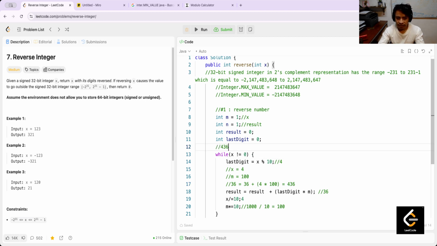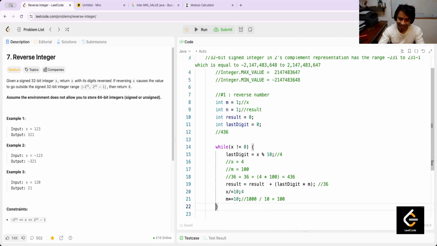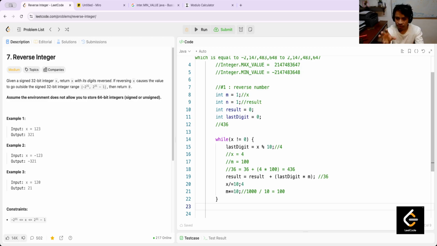If I traverse again this number with exactly the same algorithm, with this while and so on, now instead of starting m with 1, now it starts with 100. In this case 6 multiplied by 100 is 600.